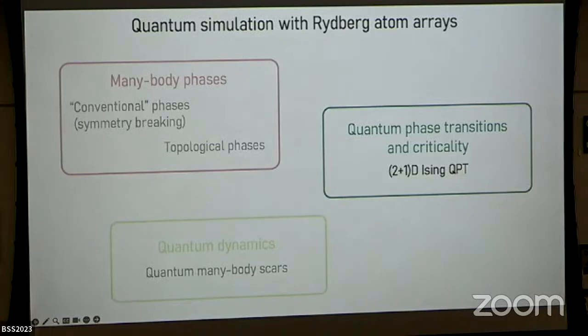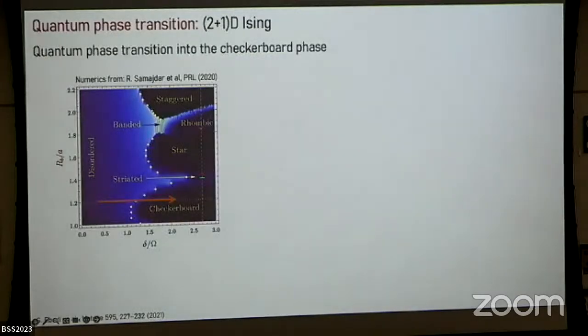Okay, so with this, before switching to topological phases, I want to show you that within the same experiment, again looking at square lattices, there was also a study of phase transitions in that case. So here, the phase transition that we're studying is the transition from the disordered phase at low detunings into the checkerboard.